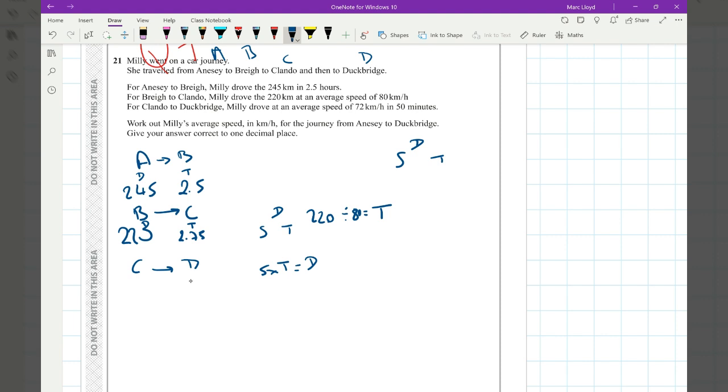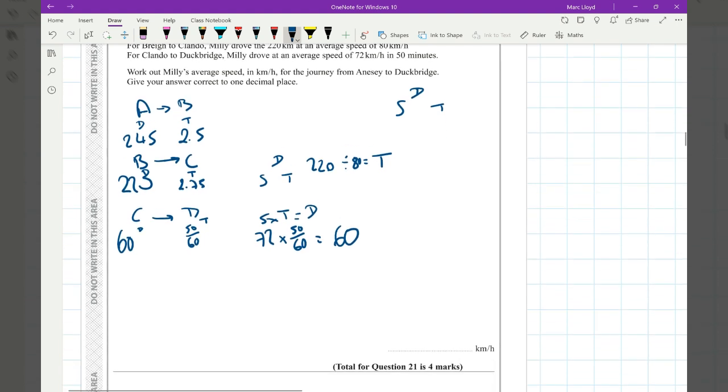I just want to put time here as 50 over 60 for my time because I'm going to have to add all these up. Speed is 72 times by 50 over 60. Why am I using 50 over 60? It's because this is time expressed as hours, so we have to keep it in that context. 72 times by 50 over 60 gives us 60 kilometers.